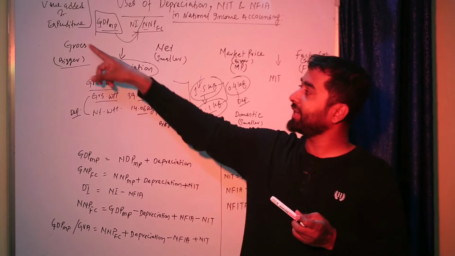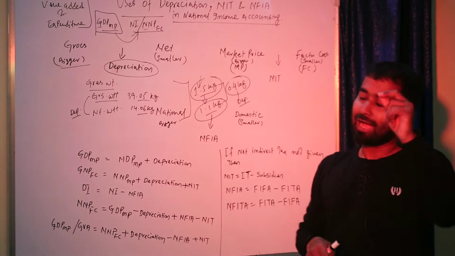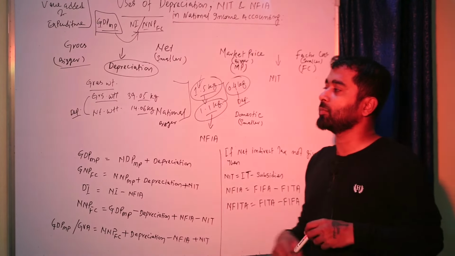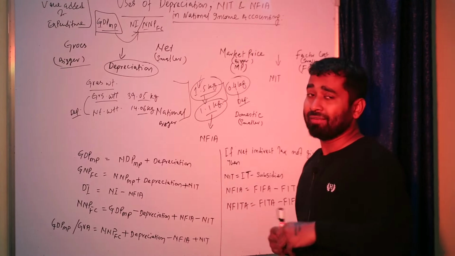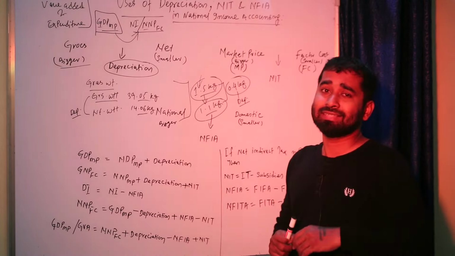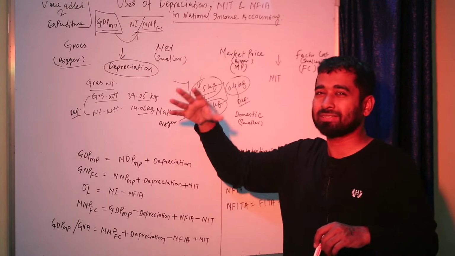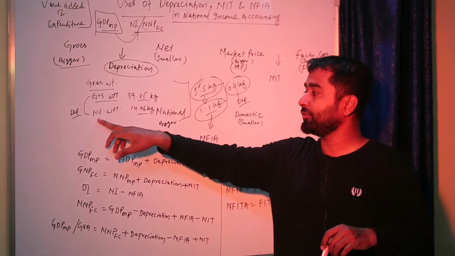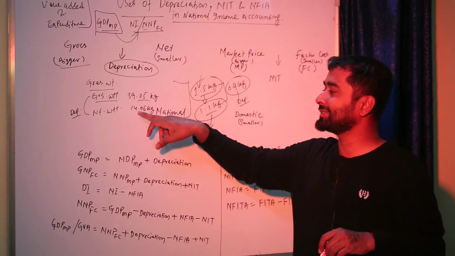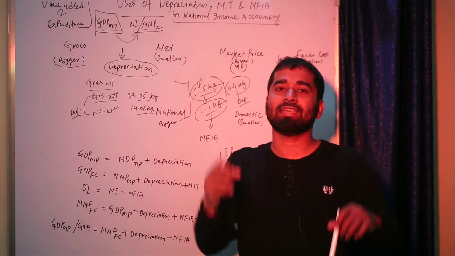Gross is always bigger, net is smaller. How is gross bigger and net smaller? Let's see. Check the gas cylinder today: the gross weight given for your cylinder is like 39.5 kg or 30 point something kg. But the net weight is given as 14.06 kg.